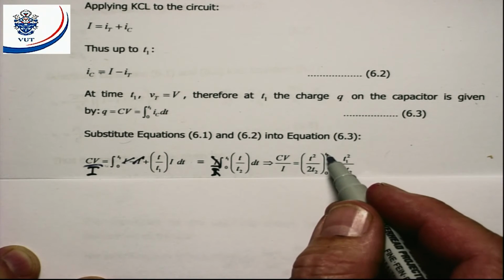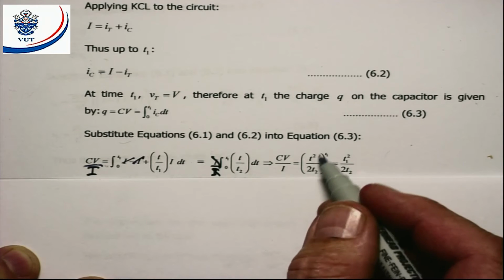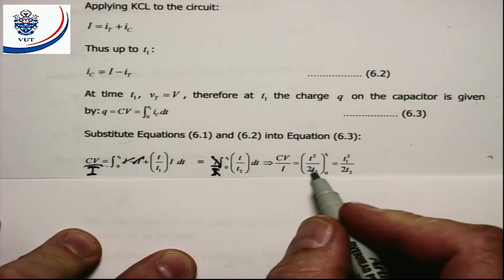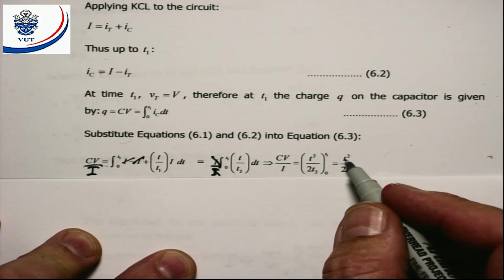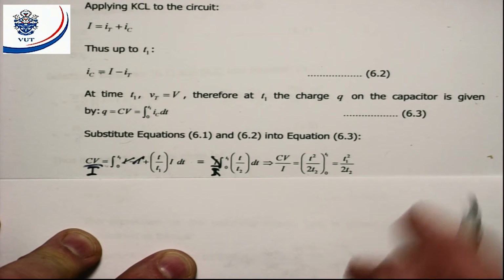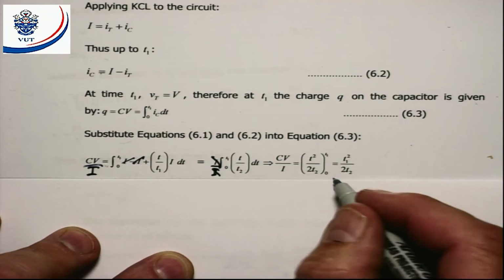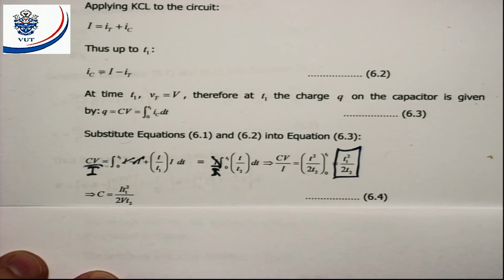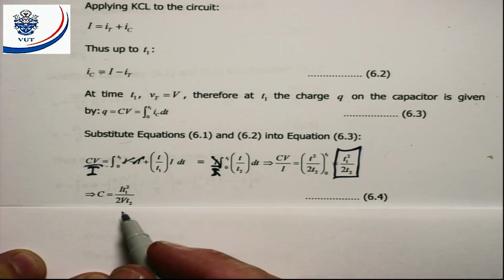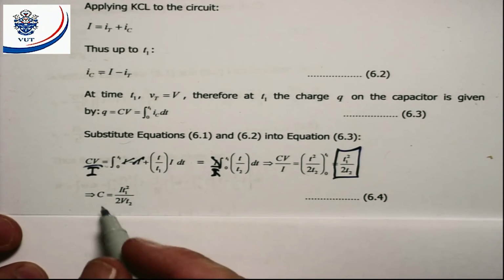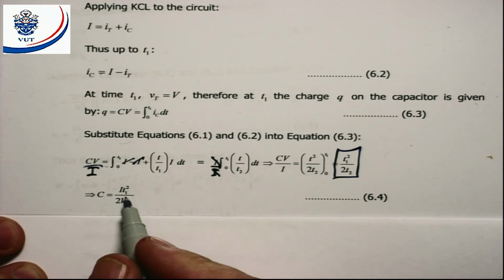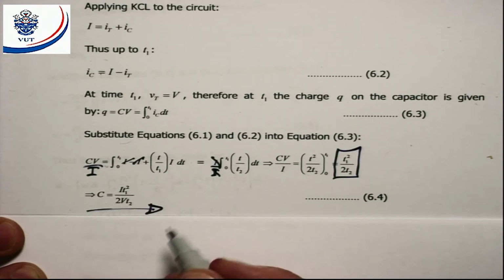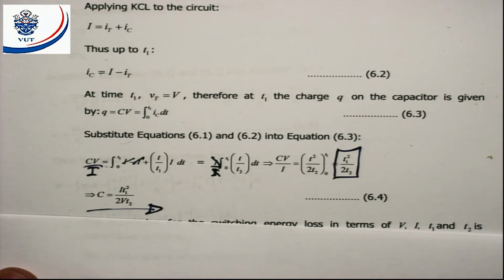If we then fill in the upper limit and the lower limit into this term and subtract the lower limit, we get that it is T1 squared over 2T2. Is everybody happy up to there? And from this, we have an equation that says C is equal to I T1 squared over 2V T2. And there we have the equation that we set ourselves to do.